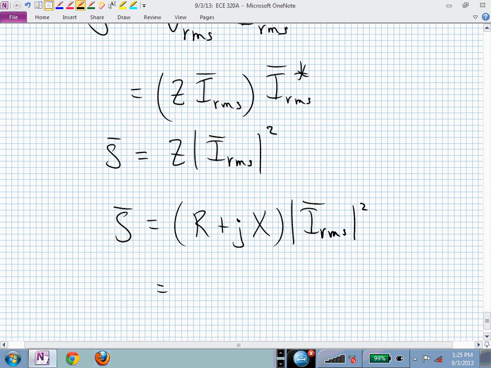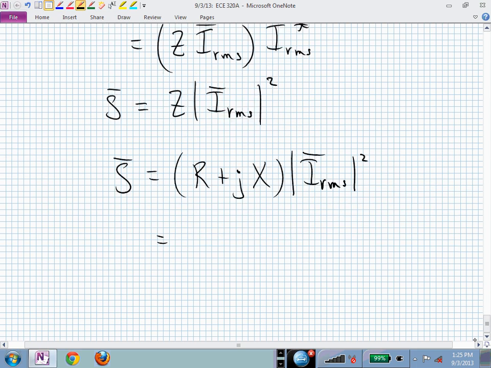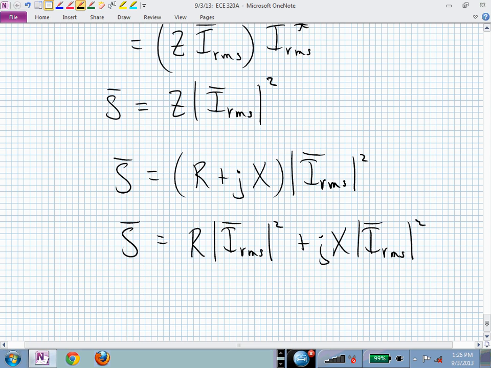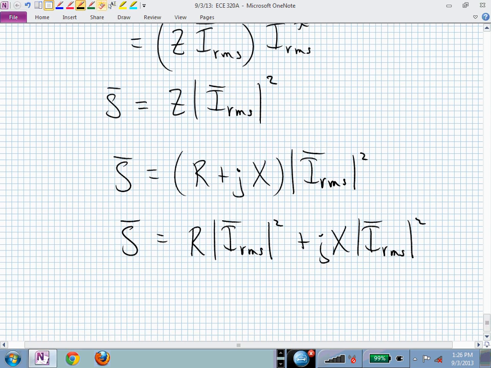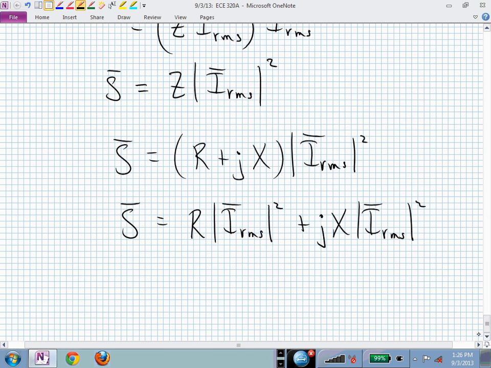And now if you distribute that squared current through those two terms, you have R times I RMS squared plus JX I RMS squared. And that simply represents the real and reactive pieces of a load or a circuit element.